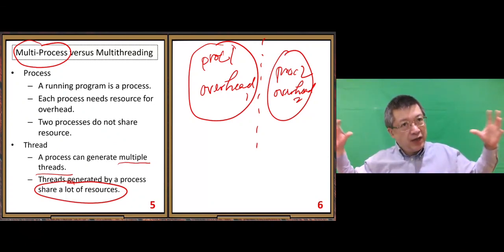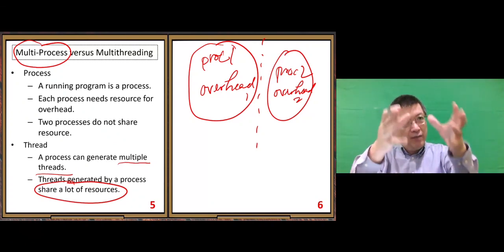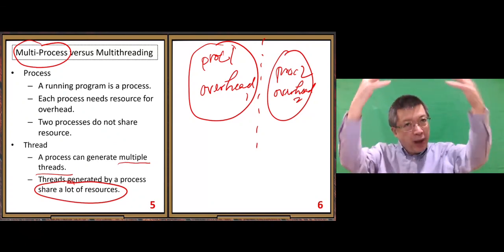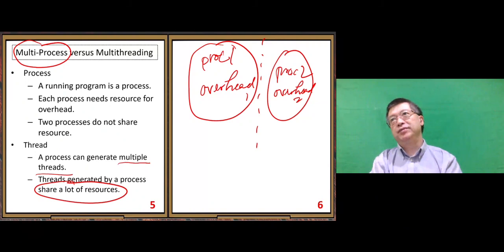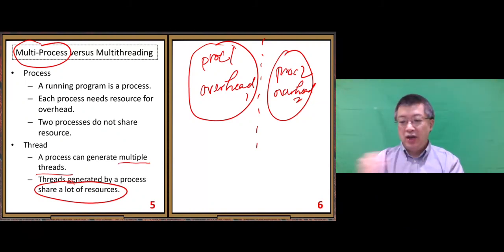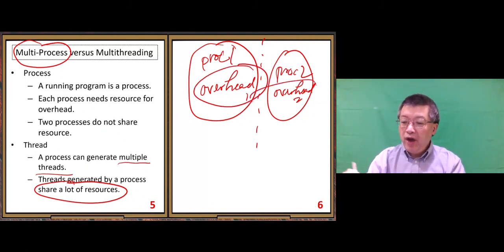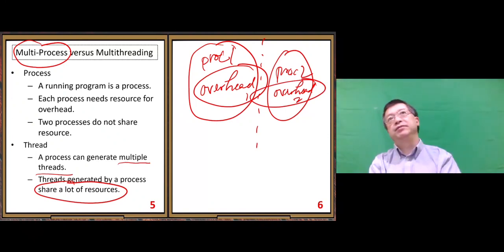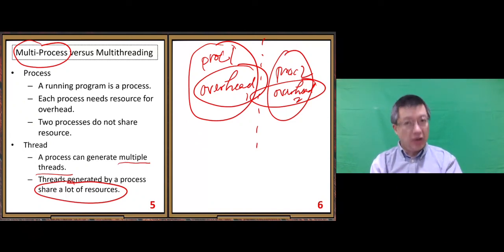Multiple threads can share the same resource of their parent process. So a lot of resource, especially the overhead part, can be saved. That's the reason multi-threading saves a lot of resource, and the overall performance is much faster compared with multi-process.